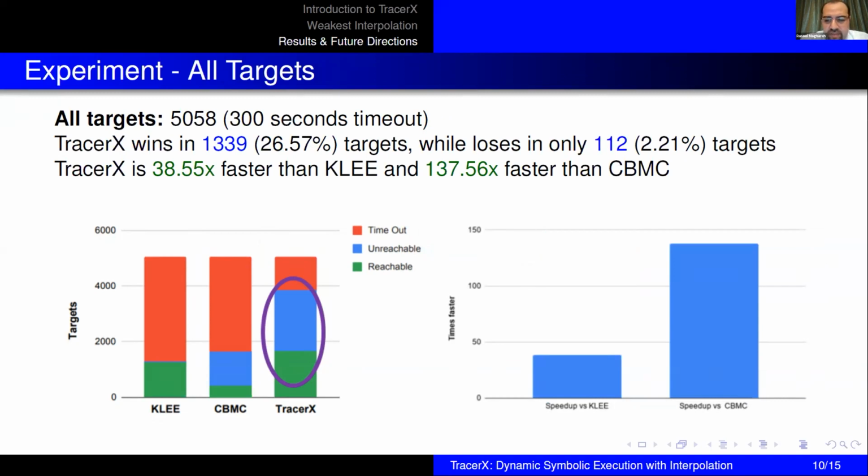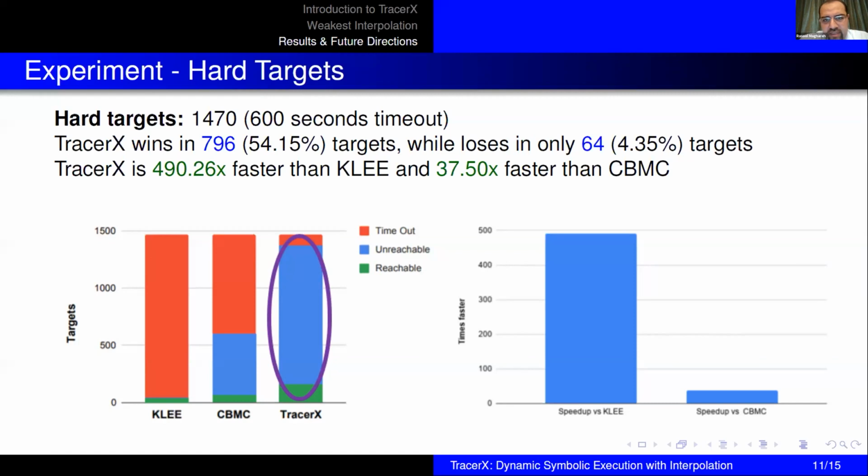But when we go to the hard targets, TracerX is able to win 54% of the targets, and it only loses in less than 5% of the targets. As you can compare over here, the amount of timeout in the hard targets is much less in TracerX compared to CVMC and KLEE. In total, we are much faster in the hard targets.